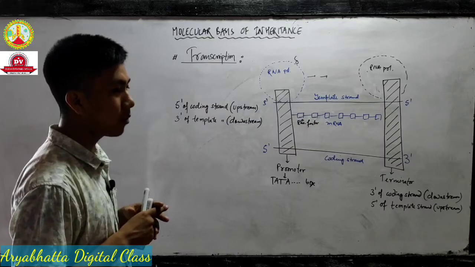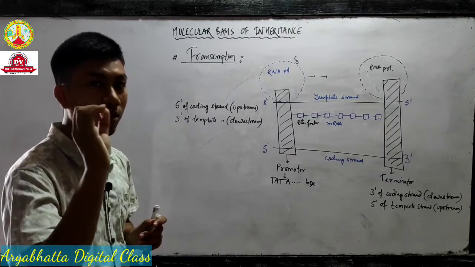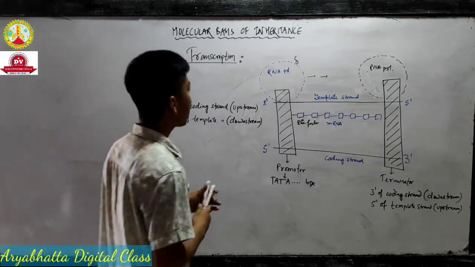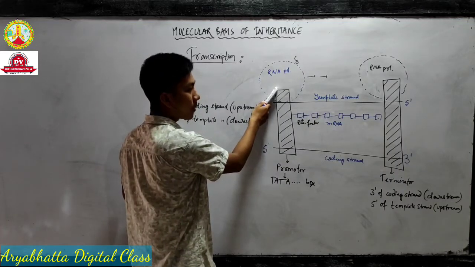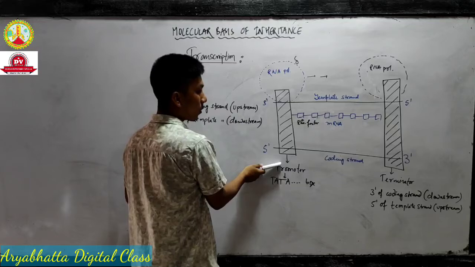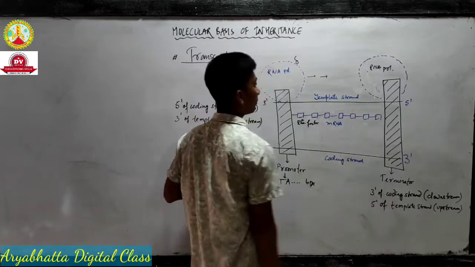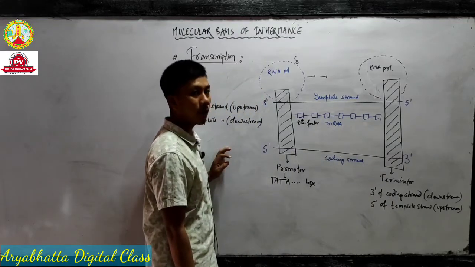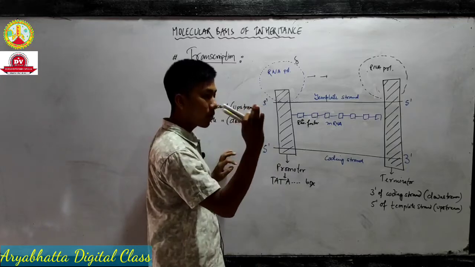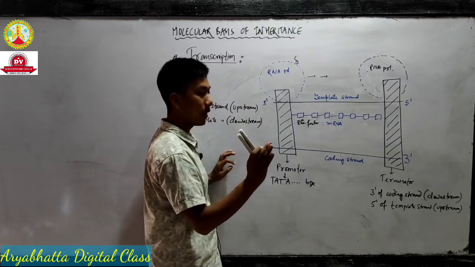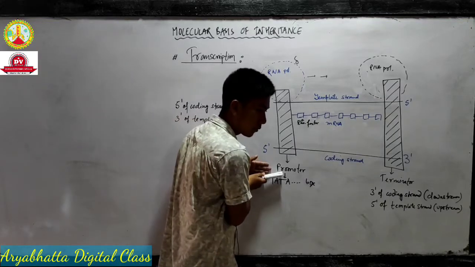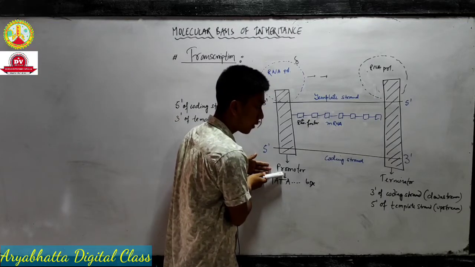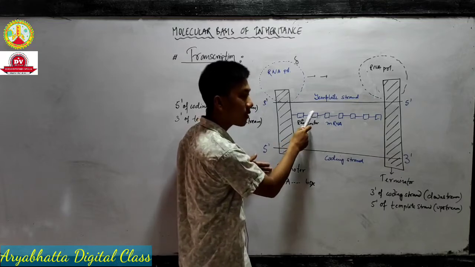For transcription to occur, there are 3 transcriptional units. Which are the 3 transcriptional units? There are 3 transcriptional units present during the transcription process. Number 1, promoter. Number 2, structural gene.